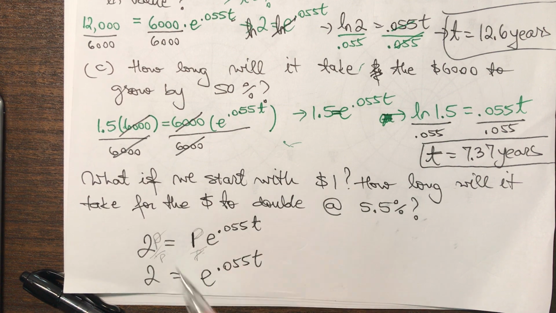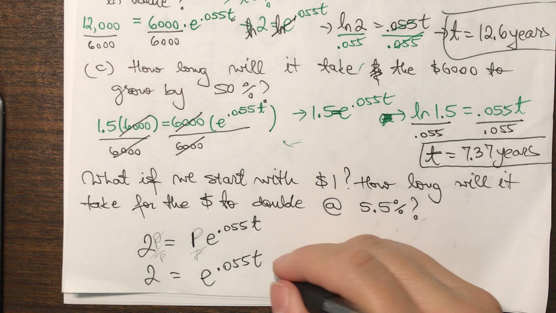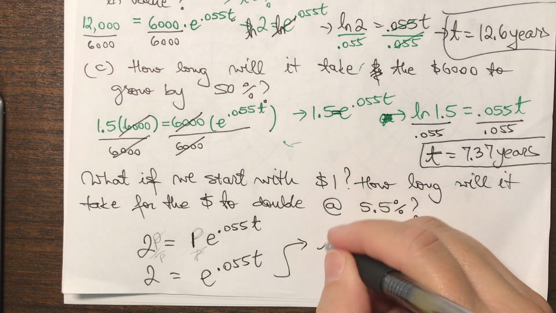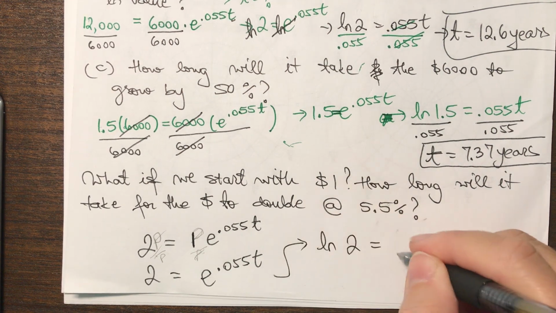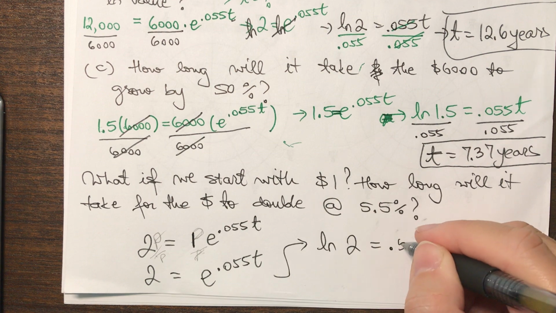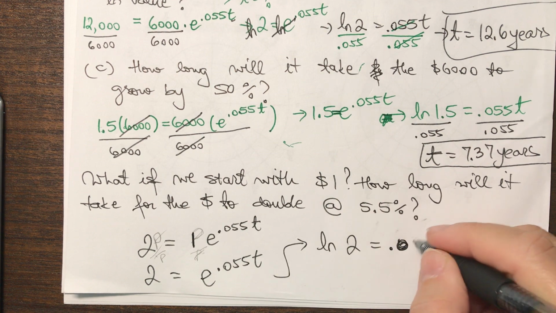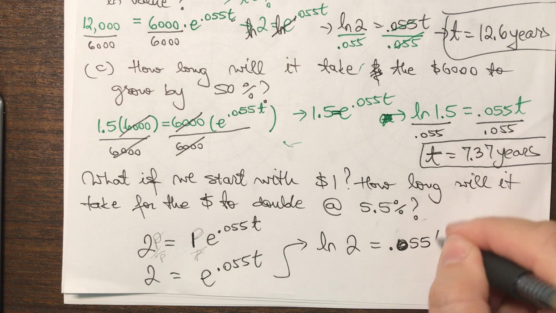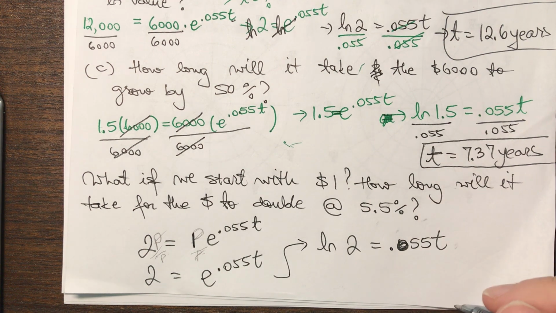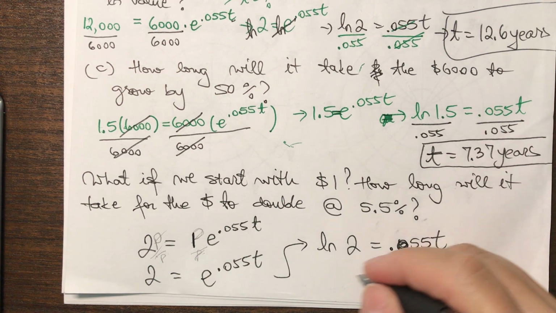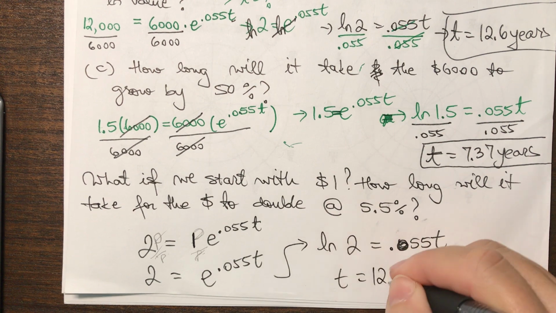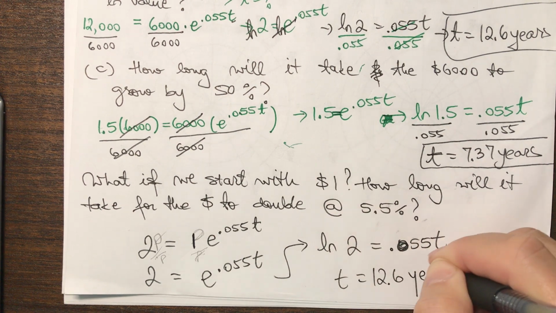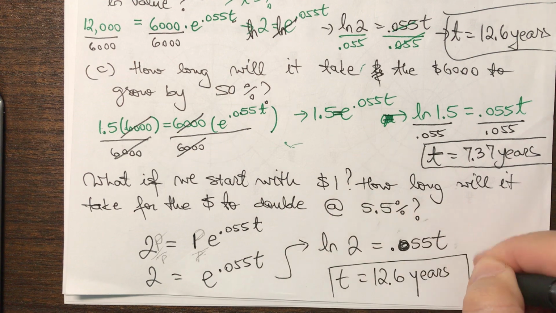So whatever it is you're starting with, it is really sad, but it turns out that it takes just as much time to double $1 as it does to double $6,000 or $6 million or whatever it is. It'll take 12.6 years to double your $1.